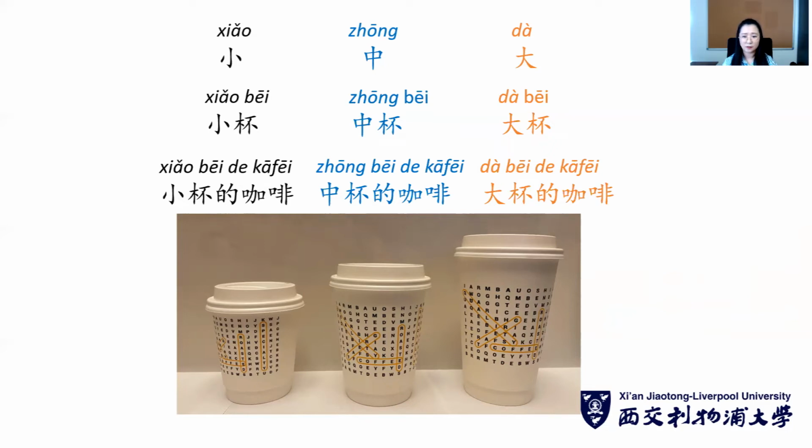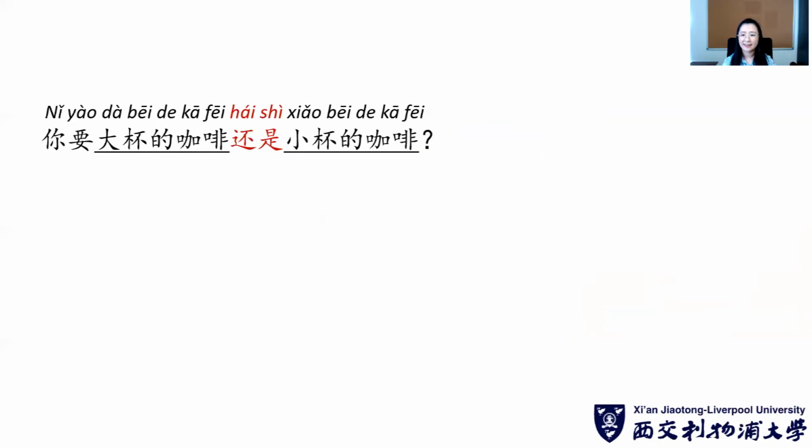So if you go to a real cafe, maybe you will hear one question from the seller. He will say, 你要大杯的咖啡还是小杯的咖啡? Can you guess the meaning? Let's try. So you want large cup of coffee?